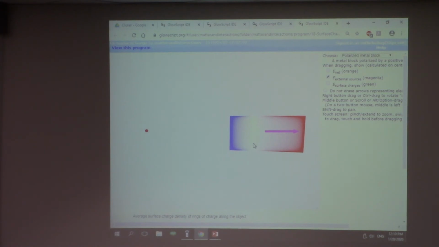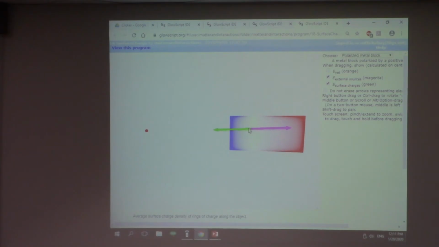And so if we look at the field due to the surface charges, which is shown in green here, we see that out here, of course, there's a field toward the negative charges. Inside, the field is toward the green field, the field due to these polarization charges, the surface charges.